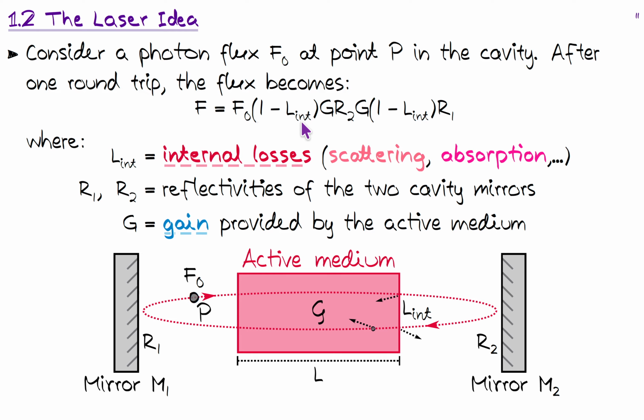Then we have the gain factor here, a single pass gain factor arising from the fact that the beam is propagating through the gain medium. Then we have the reflectivity of the second mirror. Then we are propagating again. We have a gain factor here, also the losses through a single beam propagation through the cavity. Then we have the reflectivity of the first mirror, and then we are returning. So one round trip is completed, and this is the photon flux afterwards.